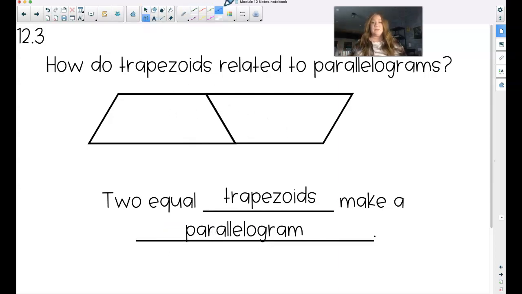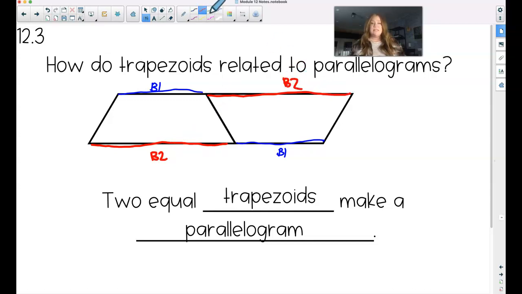So one thing to notice, right, if this is base 1, this right here is the same as this right here, base 1. And if this is base 2, this is the same as this.